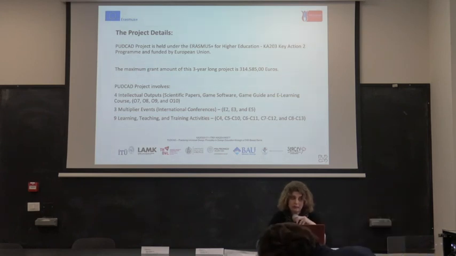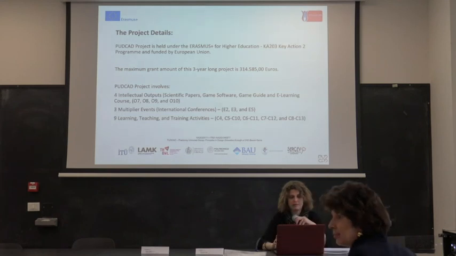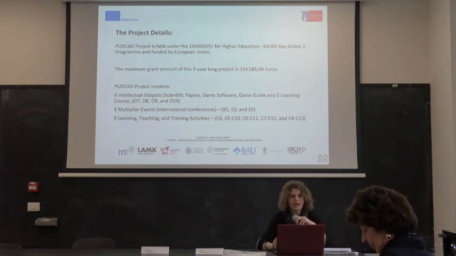The PUTGET project involves 4 intellectual outputs, as Francesca Tosi told about 2 of them. We have scientific papers, game software, game guide, and e-learning courses, numbered 07, 08, 09, and 010. And we have 3 multiplier events, which means international conferences.